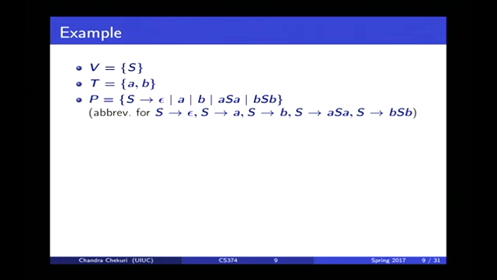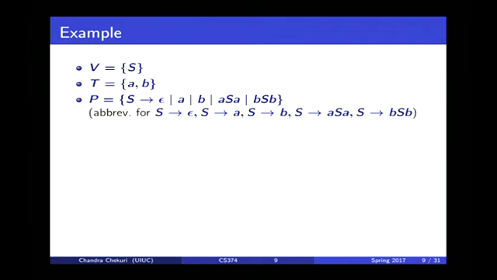This is a compact way of writing the rules: S goes to epsilon, S goes to a, S goes to b, S goes to aSa, or S goes to bSb. The bar notation means OR; it is just a compact representation instead of writing all of these.